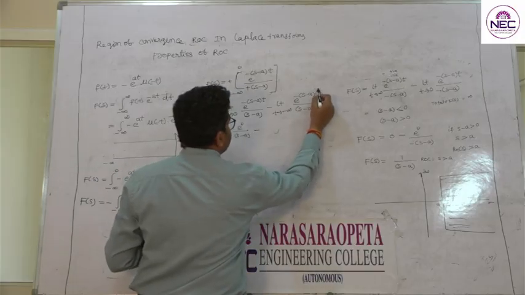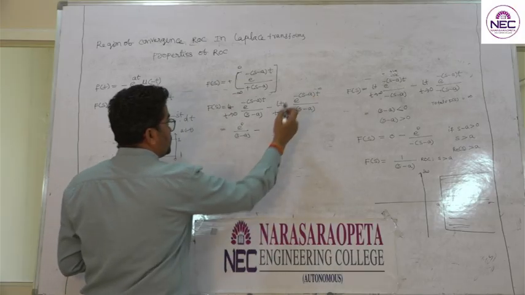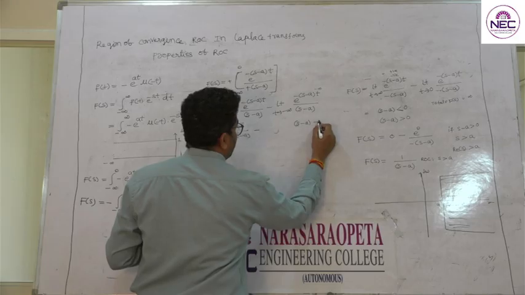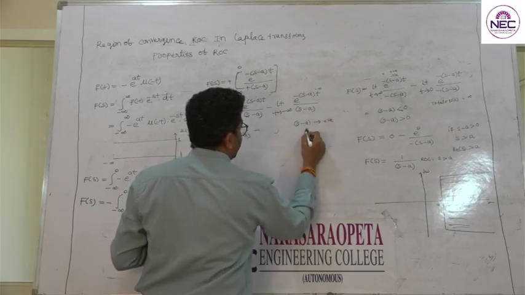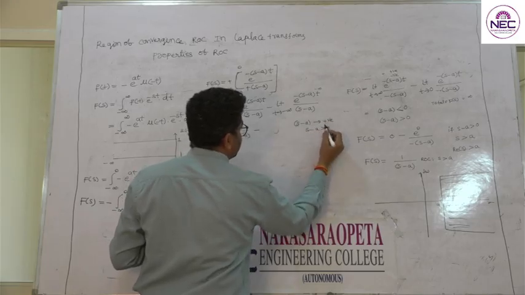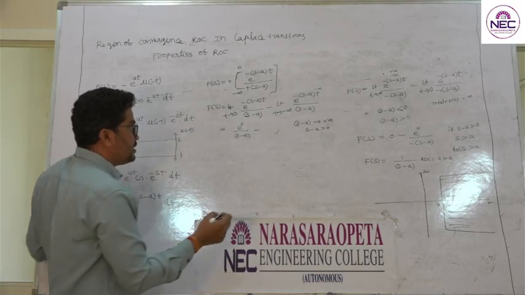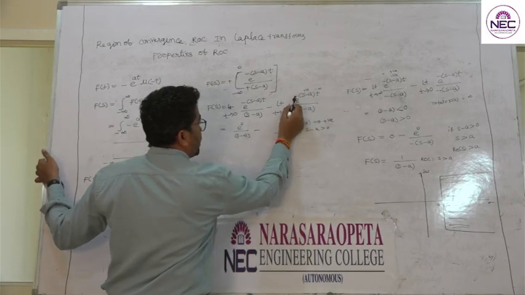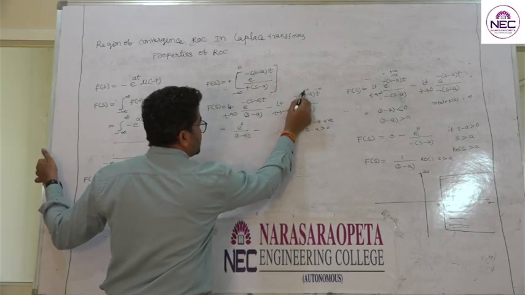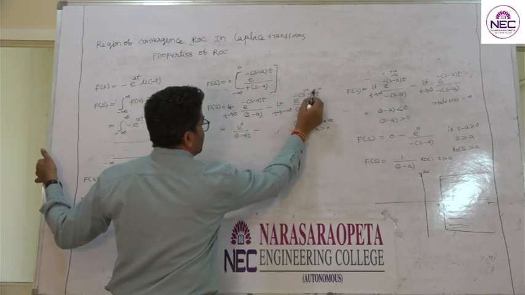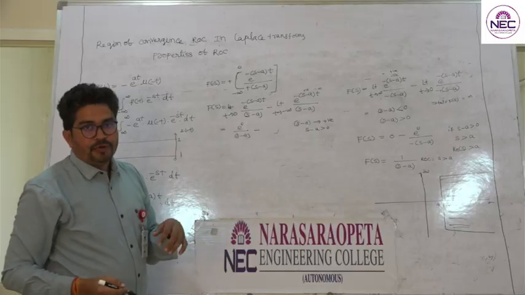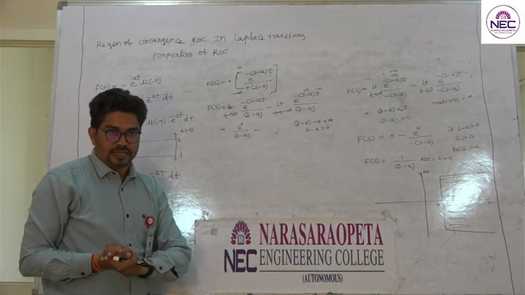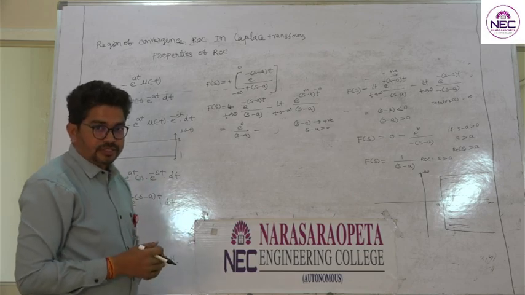Suppose s minus a is positive, that is s minus a greater than 0. Then minus into plus, minus into minus plus, gives e power infinity, which equals infinity. So the transform does not exist or does not converge.